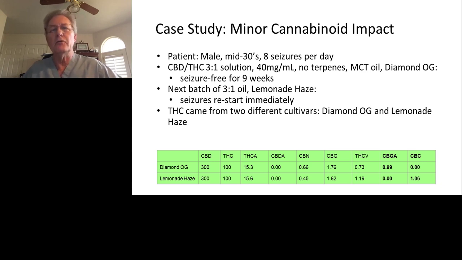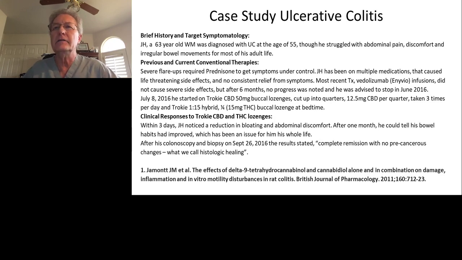I'm going to go through a few quick case studies. And this 63-year-old white male with a diagnosis of ulcerative colitis at age 55 was seen at the clinic for incorporating cannabis into his lifestyle medical management.